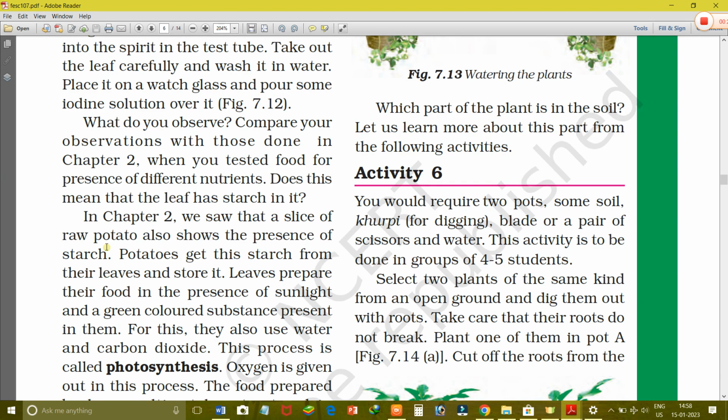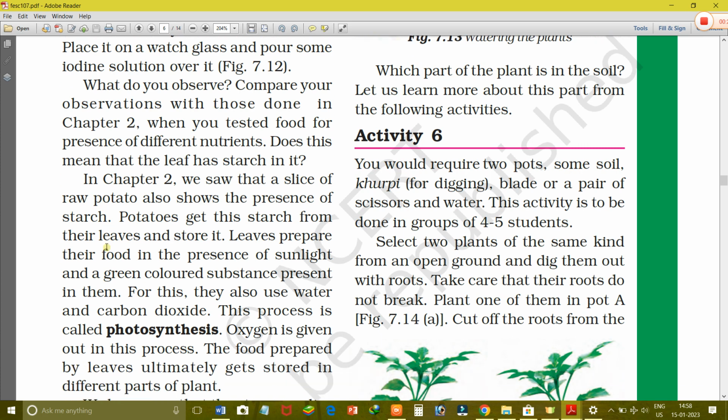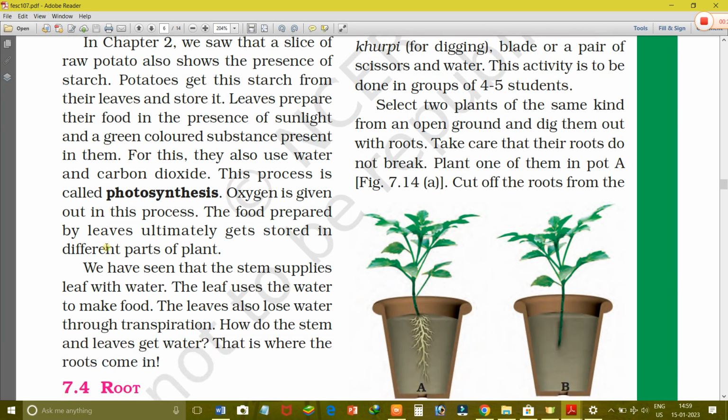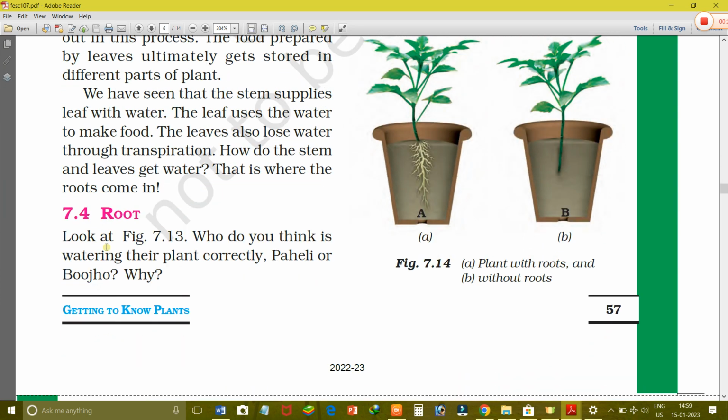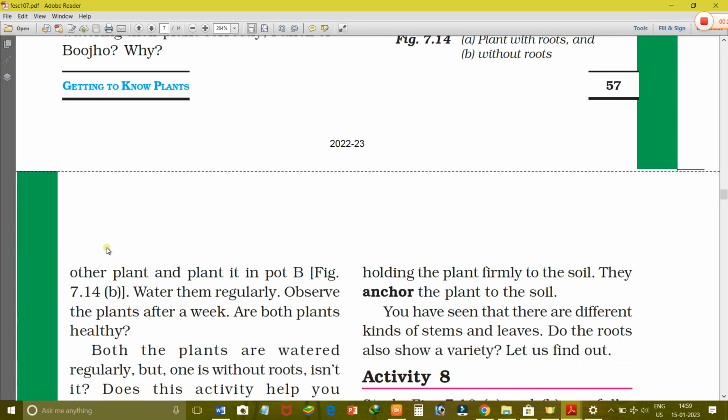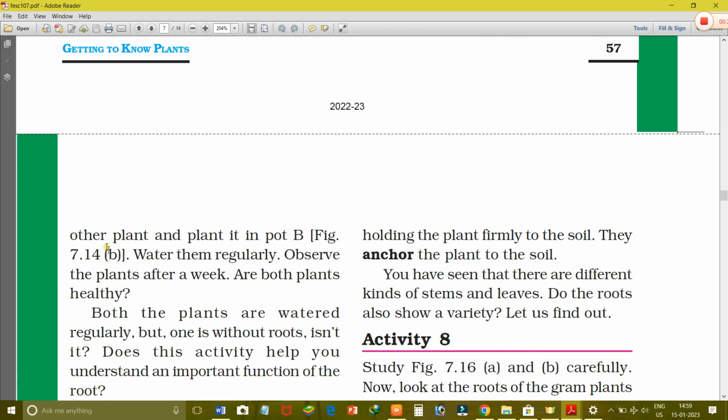Plant one of them in a pot. Cut the root from the other plant and plant it in a pot.